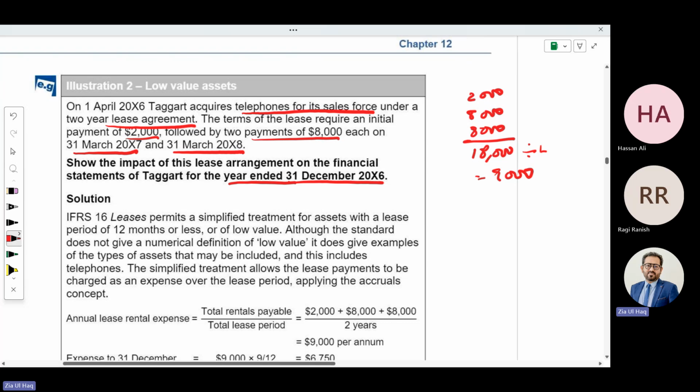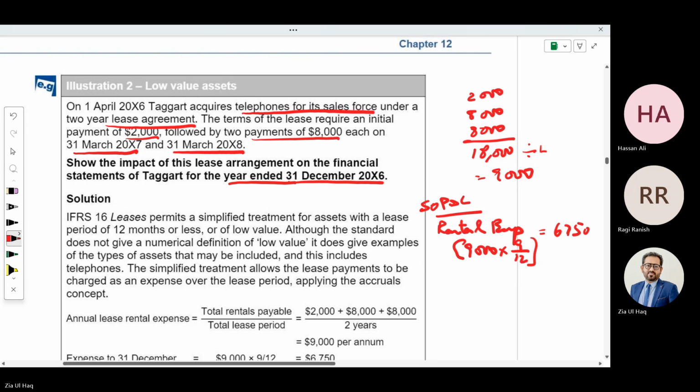This means for 31st December, you will record rental expense in the statement of profit and loss. How much? 9,000 multiplied by 9 by 12. That will be 6,750.